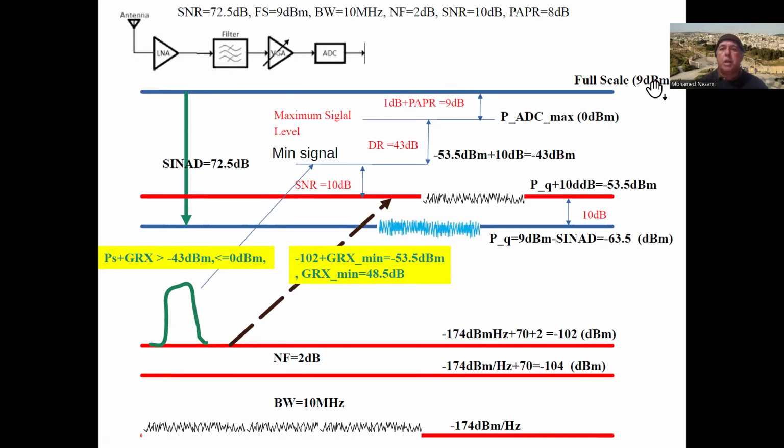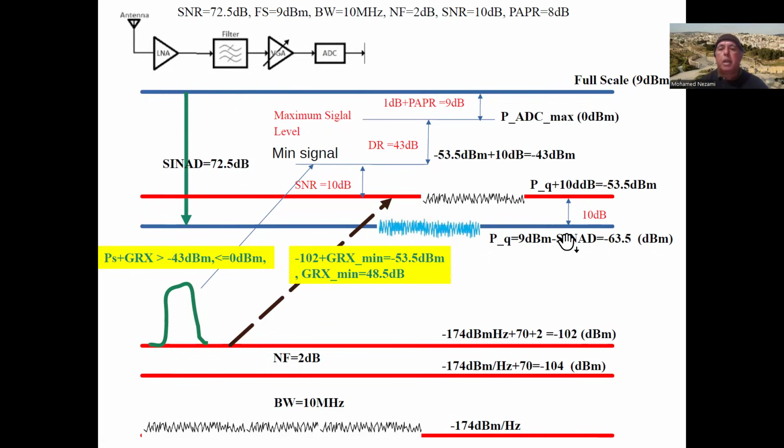In this case, it's 9 dBm minus the 72.5 dB, which is going to put you at minus 63.5 dBm. What this is saying is that it doesn't matter what you have in the front end, the minimum you can see is going to be minus 63.5 dBm from the ADC without any additional amplification. So if you were to put this ADC directly to the antenna, the minimum you can see is the quantization noise, which is at minus 63.5.